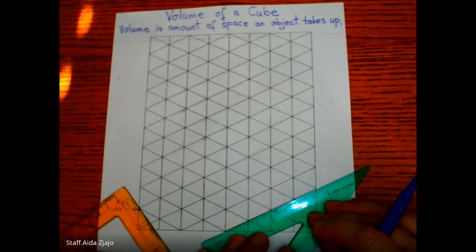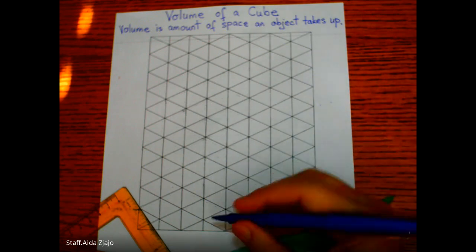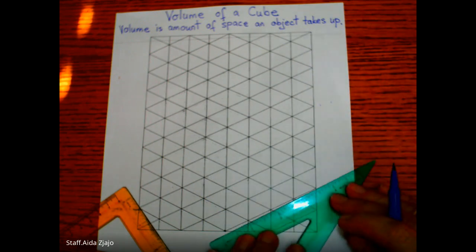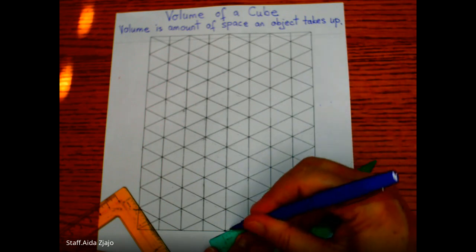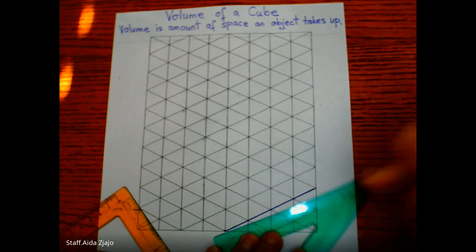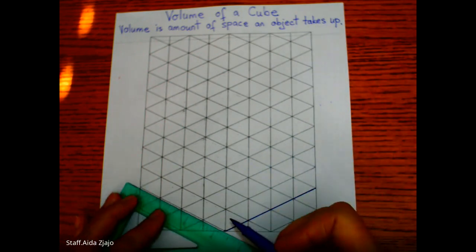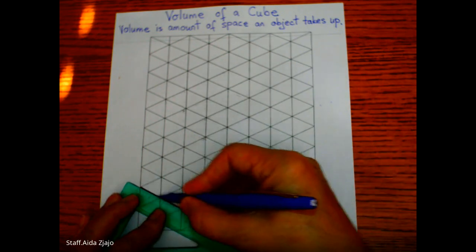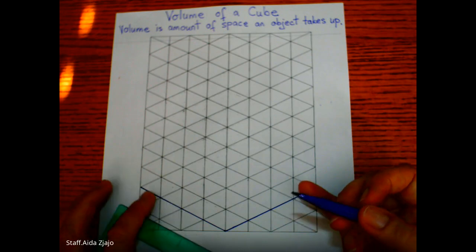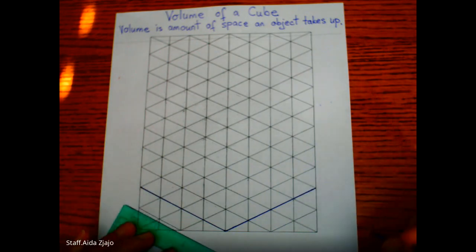I would like my cube to start right here in this corner, and it's going to be 1, 2, 3, let's do 4 units this way, and that would be the width. Then 1, 2, 3, 4 is going to be my length.